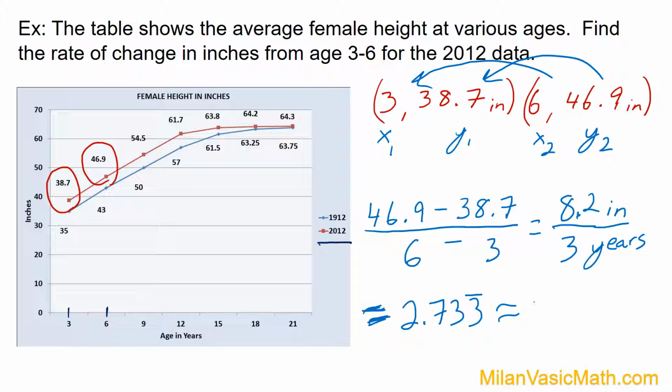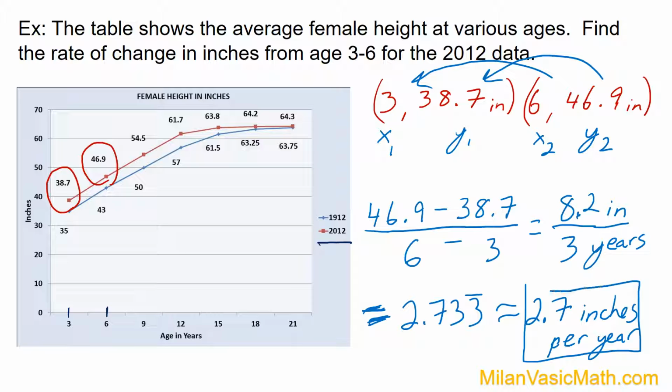So it's 2.7 inches per year. Okay. Otherwise, you could also say 2.7. So you could write it this way. Okay, all the same thing.